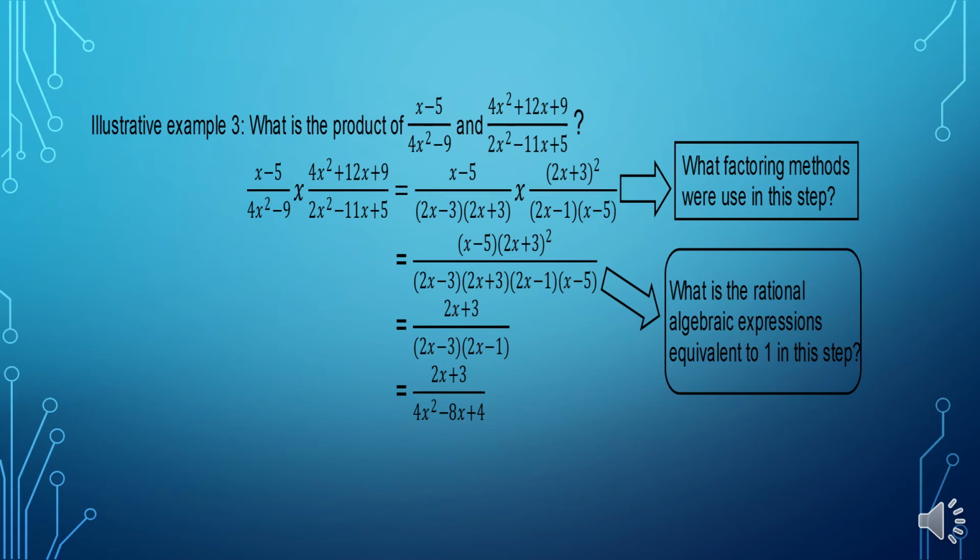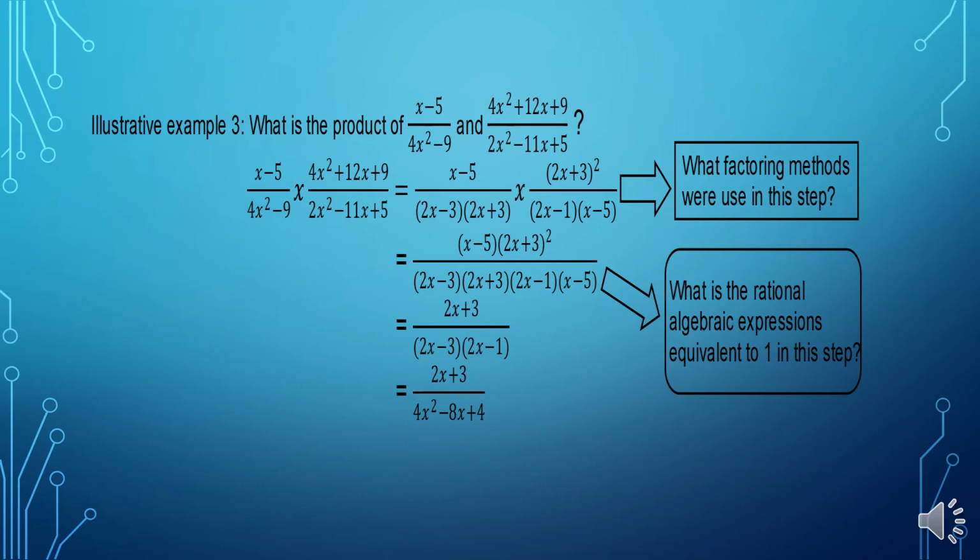Illustrative example number 3. What is the product of x minus 5 over 4x squared minus 9 and 4x squared plus 12x plus 9 over 2x squared minus 11x plus 5? So this example seems to be more complicated.